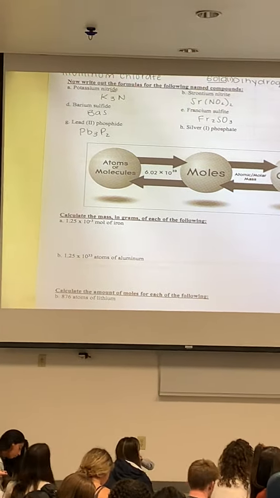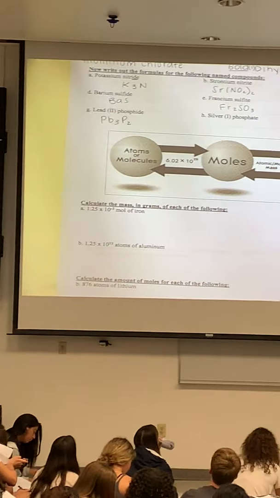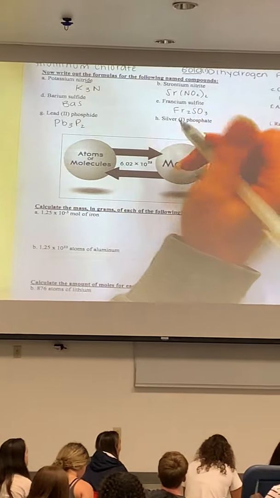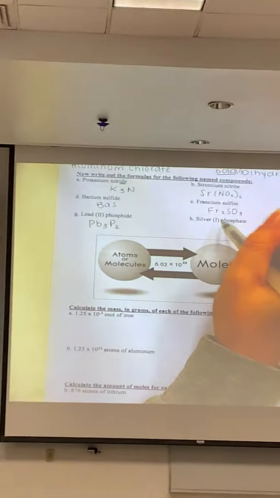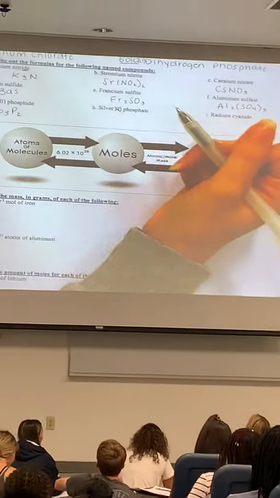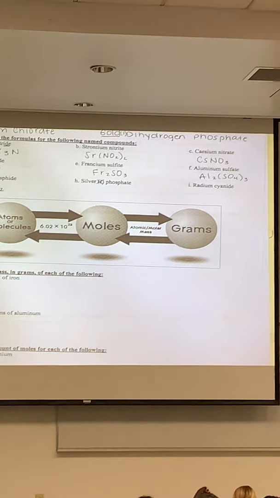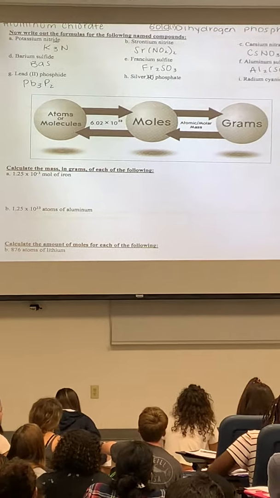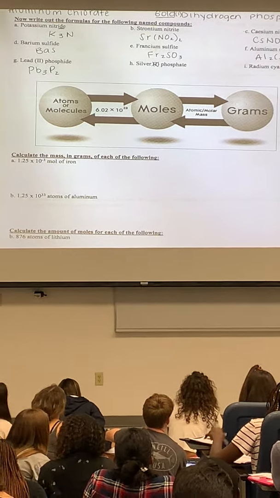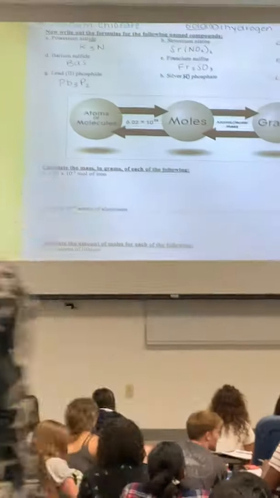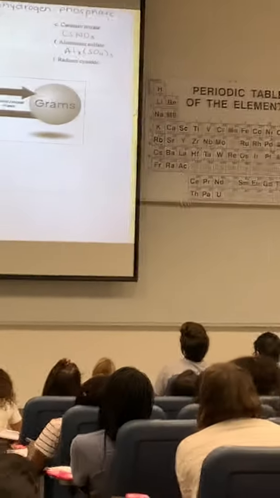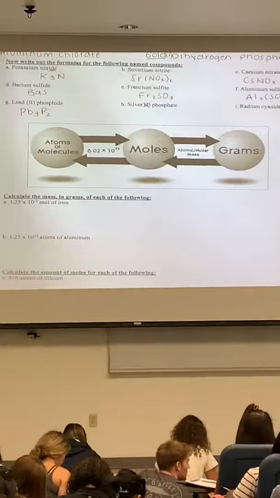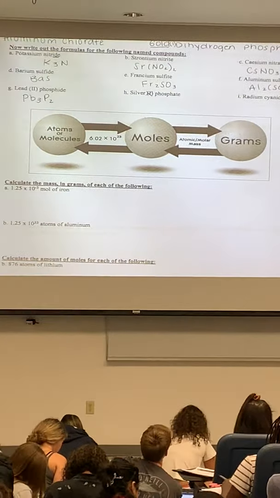Silver(I) phosphate. I'm not going to write down the ions. So silver has a +1 charge. If this wasn't given here, could you guys still come up with this formula? They don't have to give you the Roman numeral for 2 transition metals, silver and zinc. Silver always has a +1 charge, even though it's a transition metal, and zinc always has a +2 charge, even though it's a transition metal.